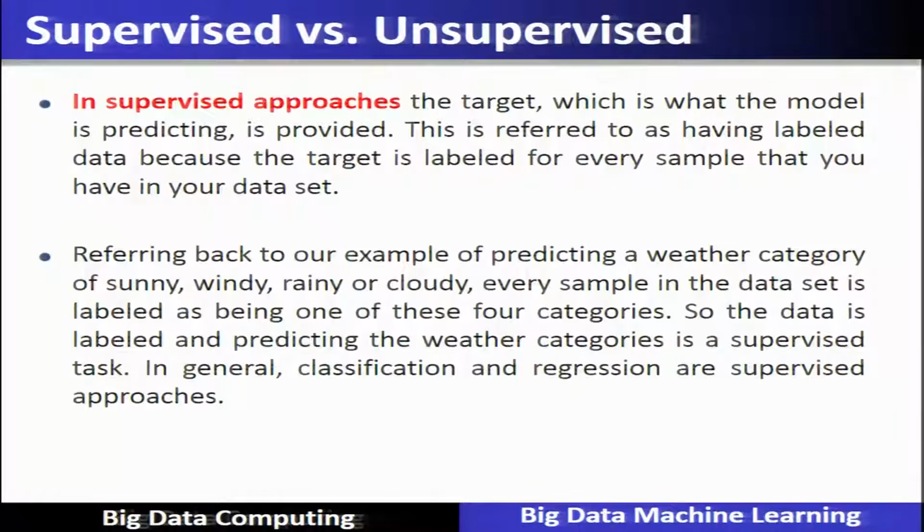Referring back to our example of predicting the weather category of sunny, windy, rainy and cloudy, every sample of the weather data is labeled as one of these 4 categories. The data is labeled by the domain expert, and predicting the weather categories is called a supervised task. In general, classification and regression are both supervised approaches.